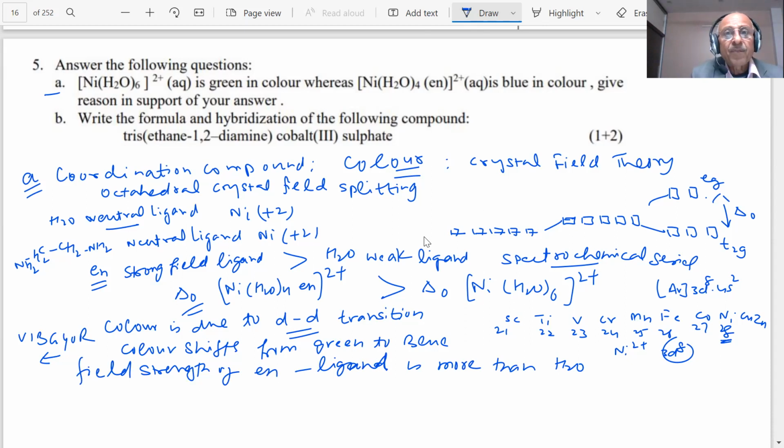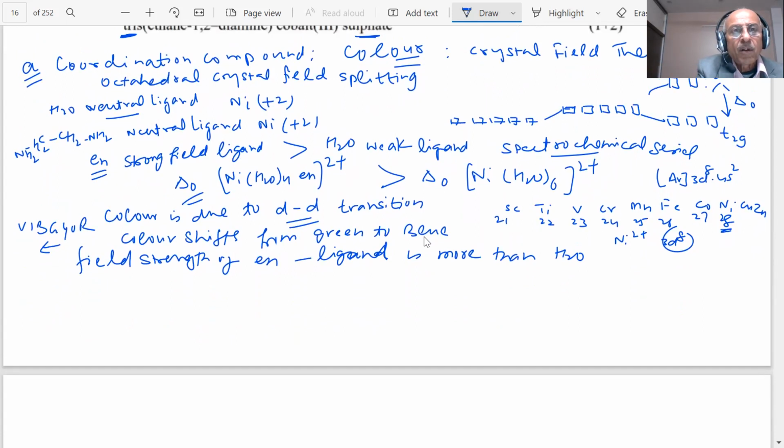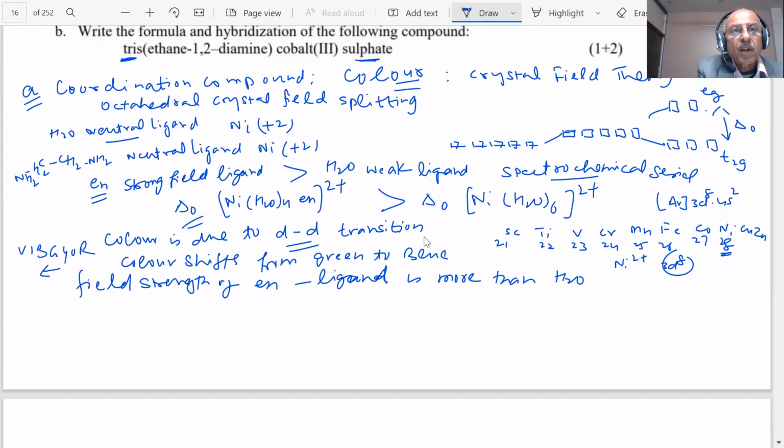Write the formula and hybridization of the following compounds. Now, what is this compound, student? It is saying tris, which means there are three ethane-1,2-diamine, cobalt(III) sulfate.